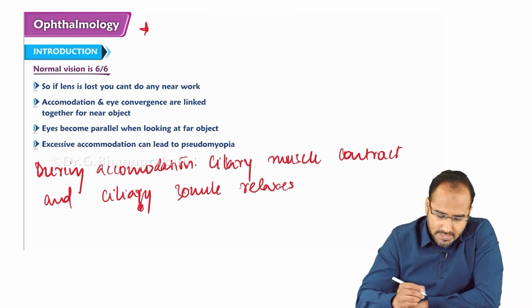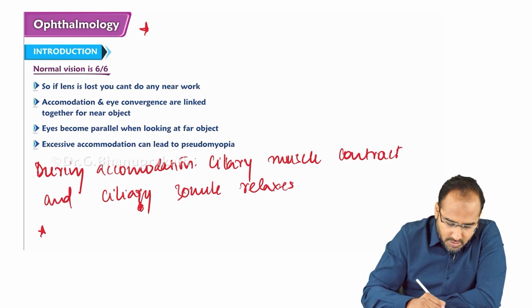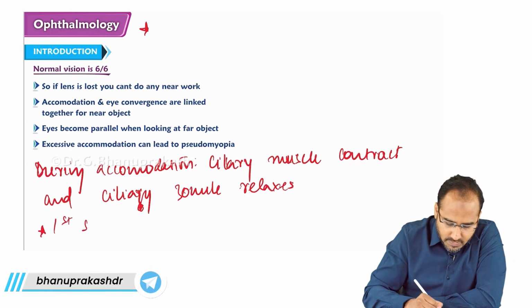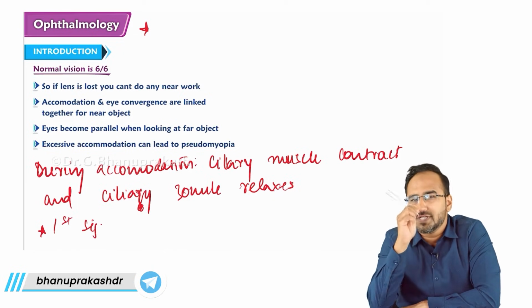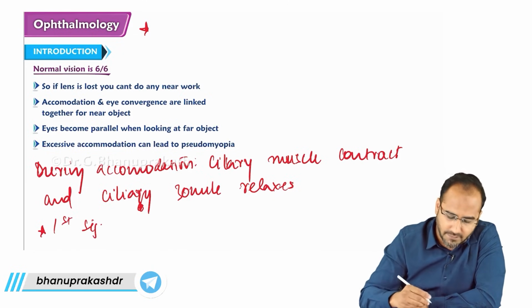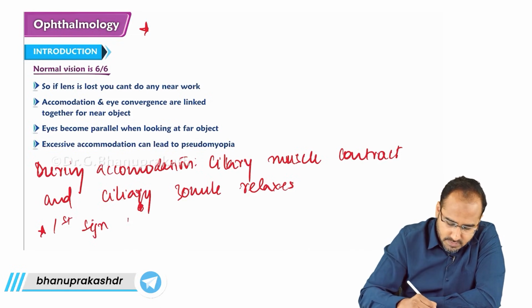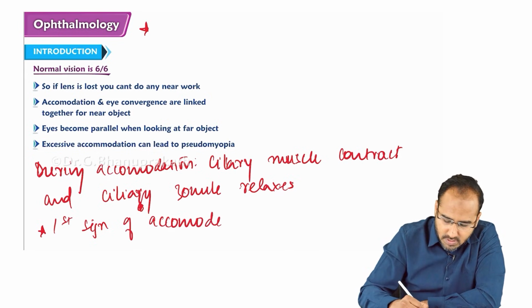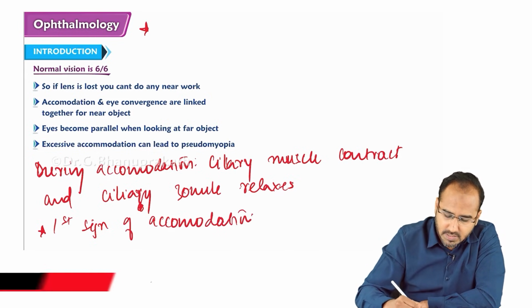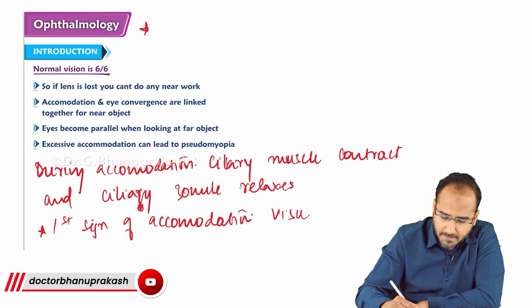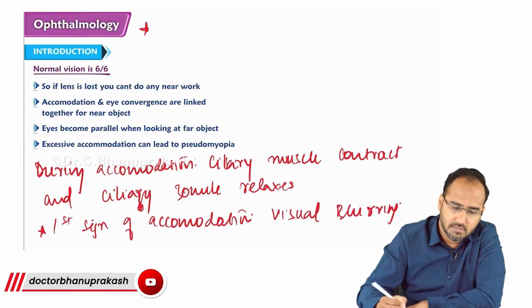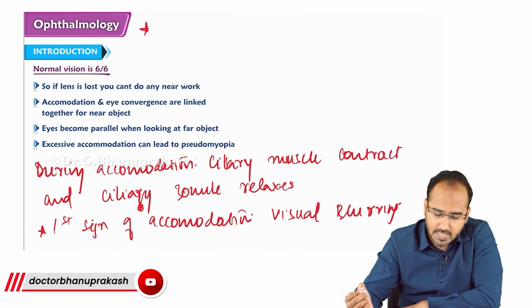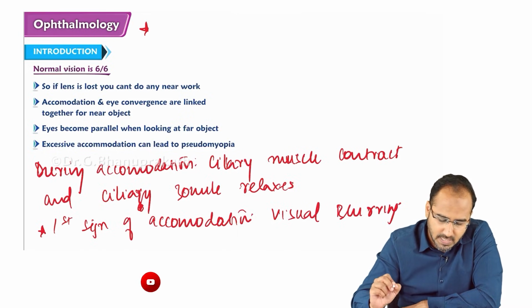Right? And what is the first sign of accommodation? I told you, as you move your vision from far to a near thing, the first sign of accommodation is visual blurring. Okay, the first sign of accommodation is visual blurring, right?